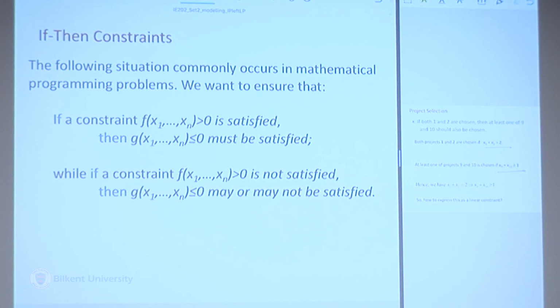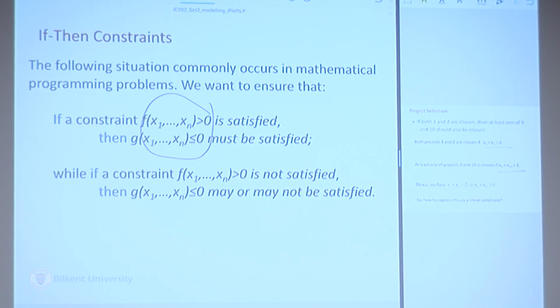How do I do that? Let me walk you through. The requirement says, if a constraint, this time I'm using strictly greater than, because I need that. So if f(x) is strictly positive, then g(x) should be less than or equal to 0. I have to convert it to this form so that I go to either-or.